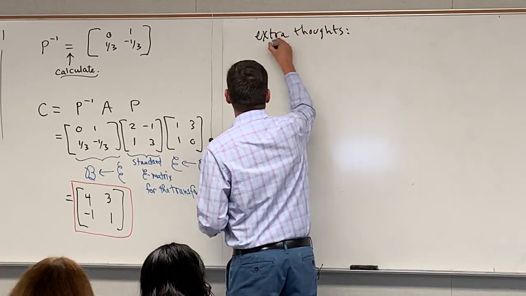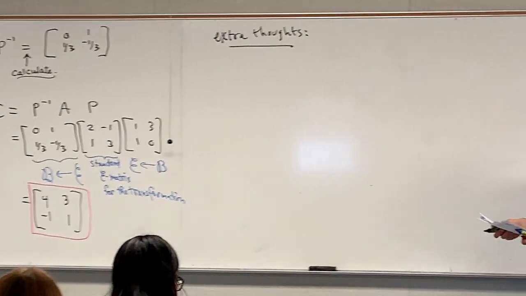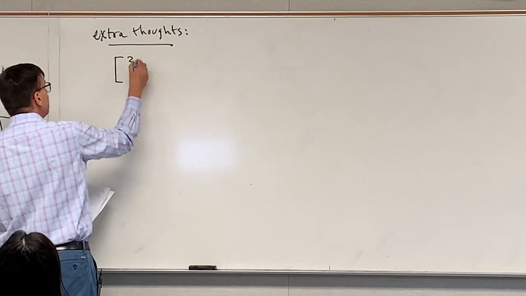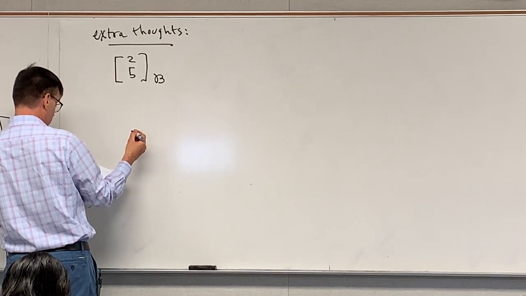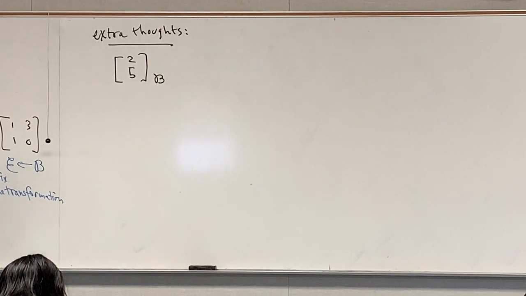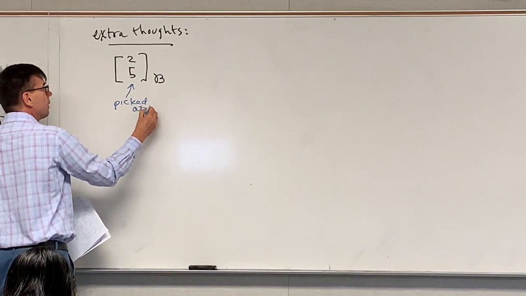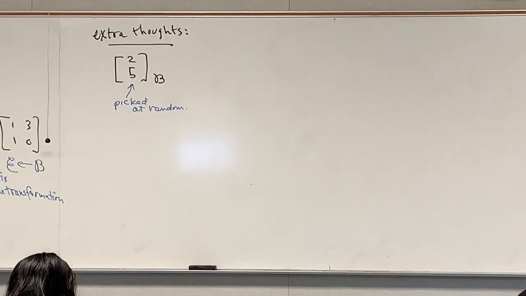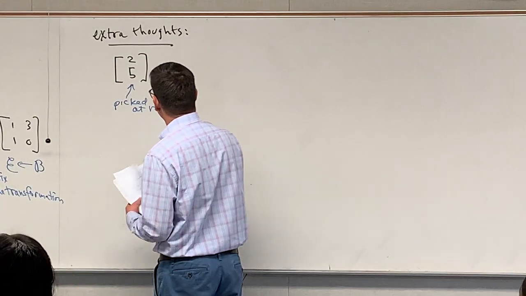And I think this might help you guys too. I just picked 2, 5 in B coordinates, sort of at random. I just want to look at what happens to a particular vector here, okay? So 2, 5 in B coordinates, what is that vector?